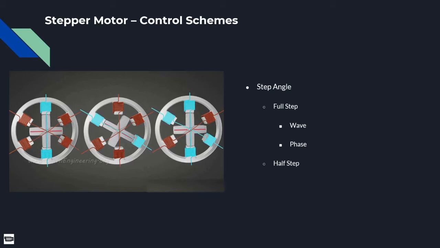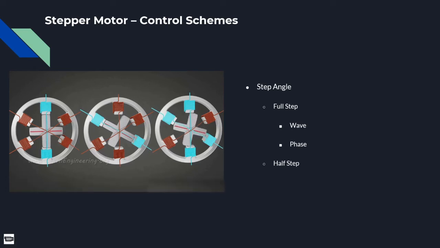If you want more torque to be generated, then the phase scheme can produce more torque when compared to the wave scheme. In a wave scheme, only one coil is energized at a time, whereas in a phase scheme, two coils are energized at a time.